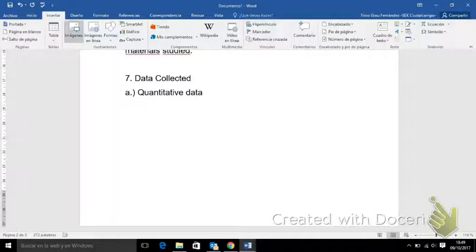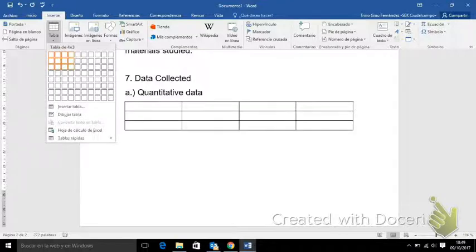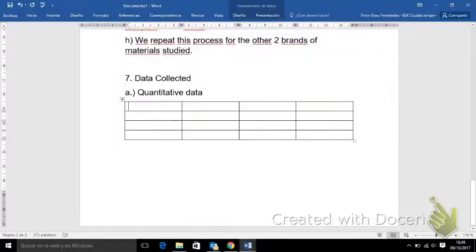You need to insert a table with the trials 1, 2, 3 and brands. Brand A, brand B, and brand C.